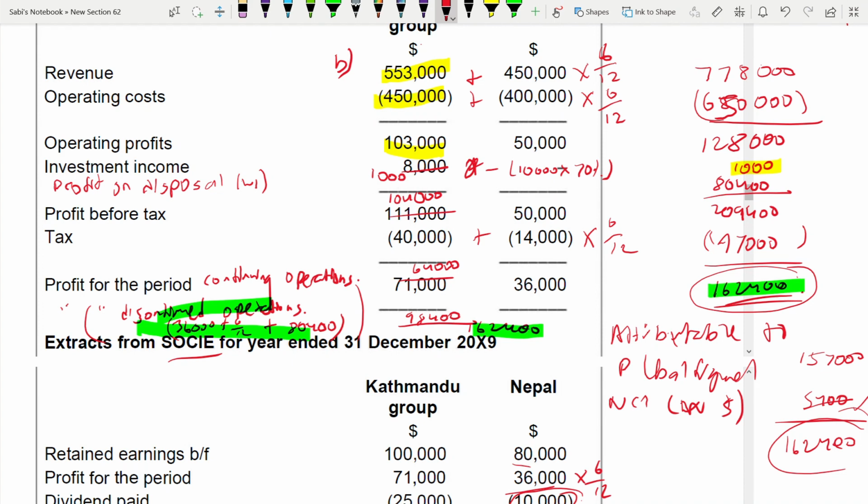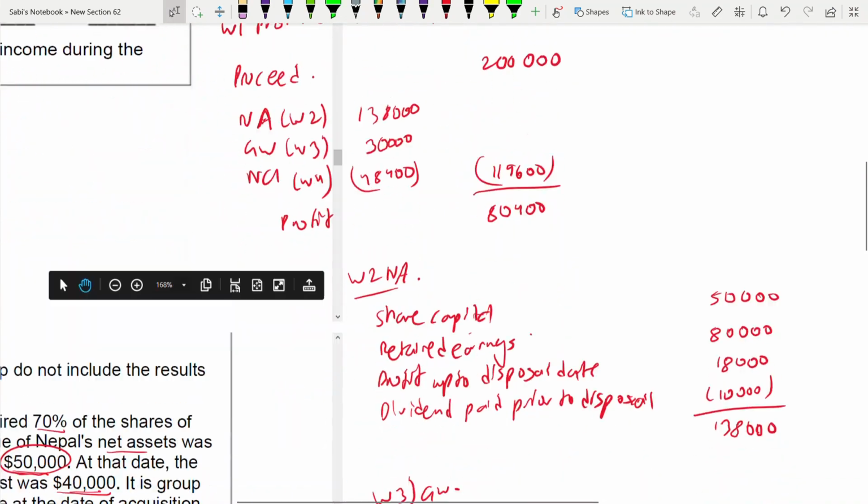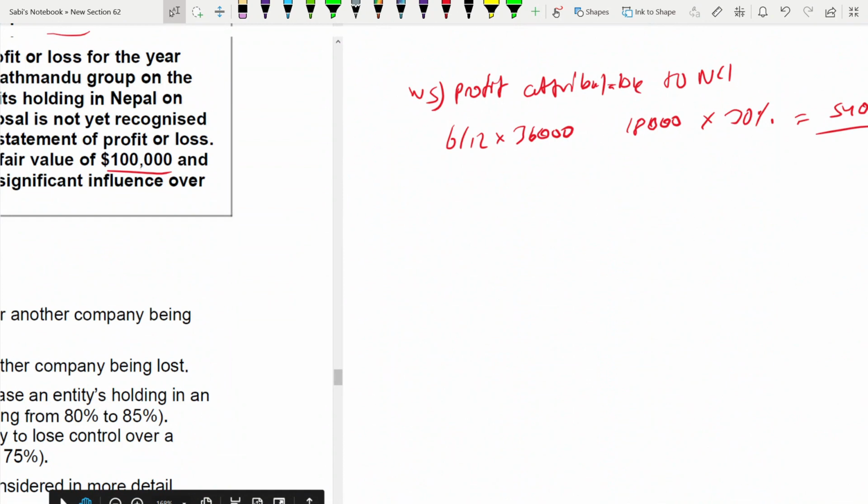Okay, now part C. Part C will be a little different because it's partial disposal. So here again you have to consolidate. Okay, so just a minute. Now you have to find the profit attributable to part C. So we have to do another working for part C, which is working 6.